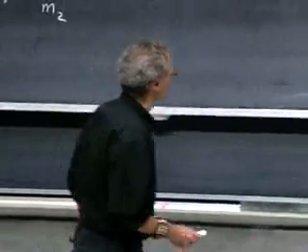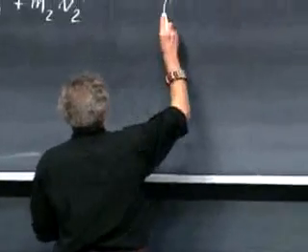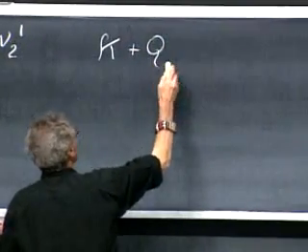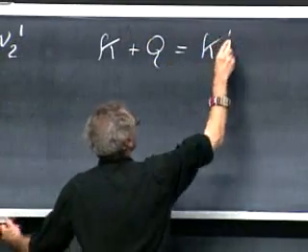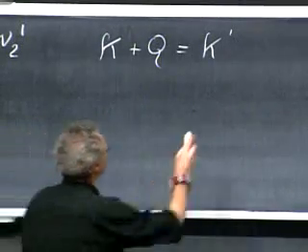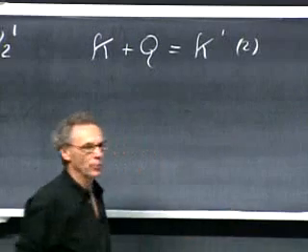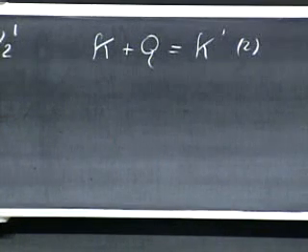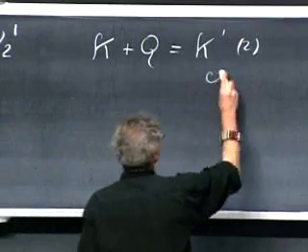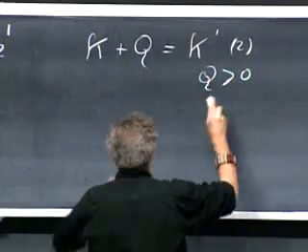And so, in its most general form, you can write down that the kinetic energy before the collision plus some number q equals the kinetic energy after the collision. And if you know q, then you have a second equation, and then you can solve for v1 prime and for v2 prime.